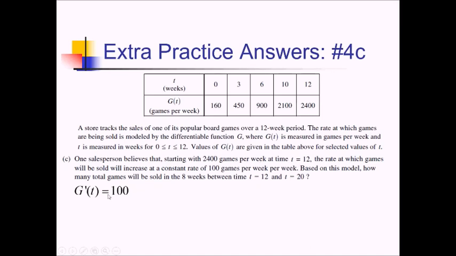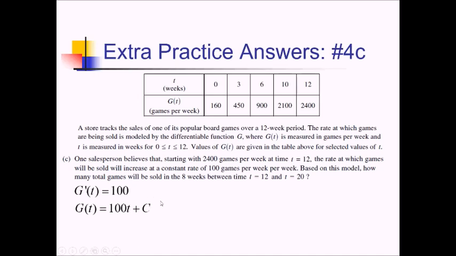So, diff-EQ time. Taking the antiderivative of both sides, I've got just g of t on the left side, that's the antiderivative of g prime, and I have 100t plus c on the right side. Now to find the value of this mystery constant c, I have to plug in my initial condition.